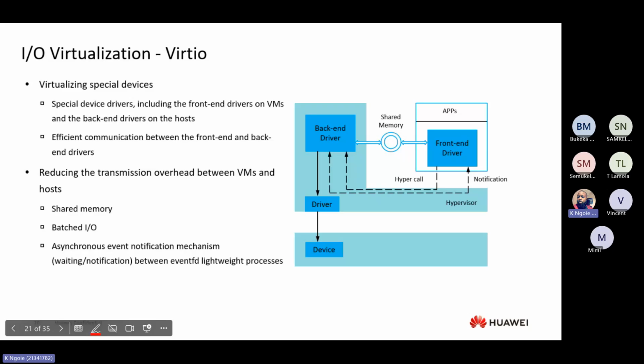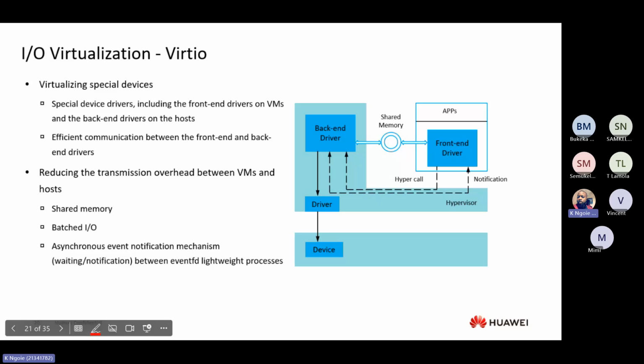Then we have efficient communication between the front end and the back end drivers, which helps reduce all the transmission overhead between virtual machines and host. We have a memory that is shared between the front end and the back end, so the host and the guest are sharing the same memory.